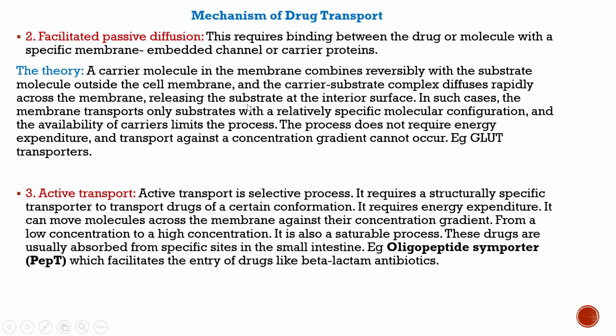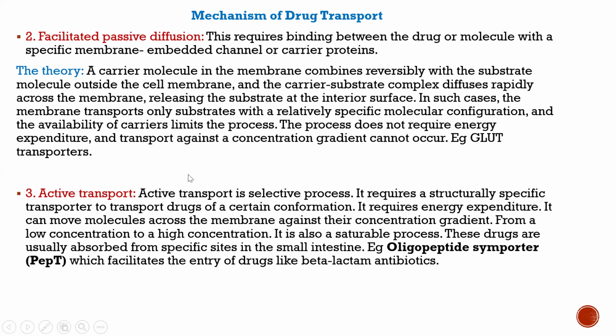In such cases, the membrane transports only substrate with a relatively specific molecular configuration, and the availability of carriers limits the process. The process does not require energy expenditure, and transport against a concentration gradient cannot occur. An example is the glucose transporters.